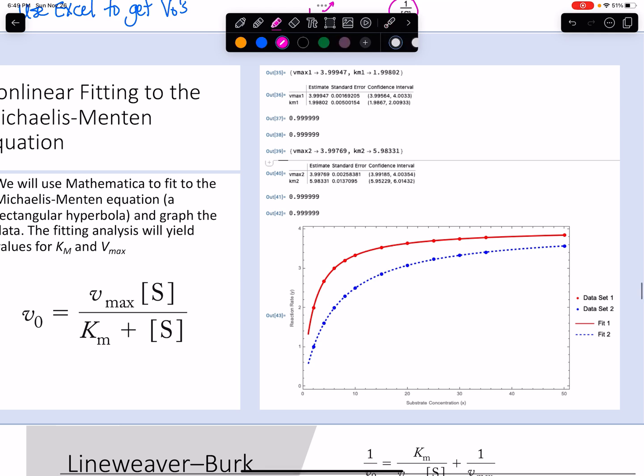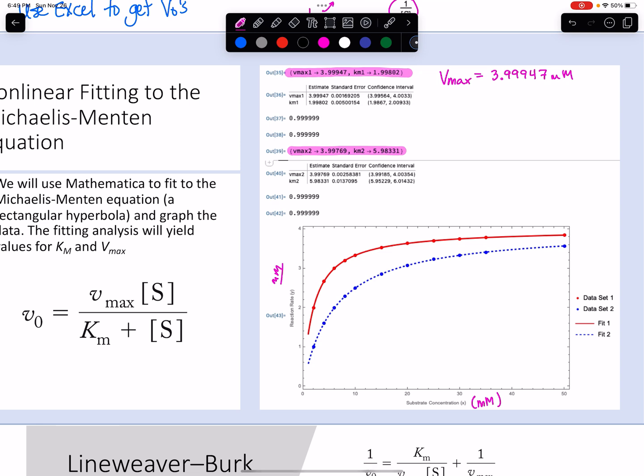So the important thing to note is you're going to have a line, okay, that tells you what, I have 2 data sets here, and so for my first data set, my Vmax was 3.99947, and the substrate concentration was in millimolar, okay, so this should be millimolar. I have to fix the units, and this is millimolar per second, say, okay?